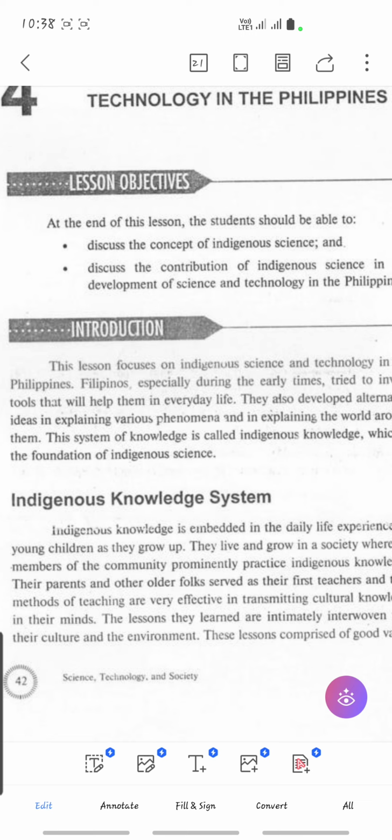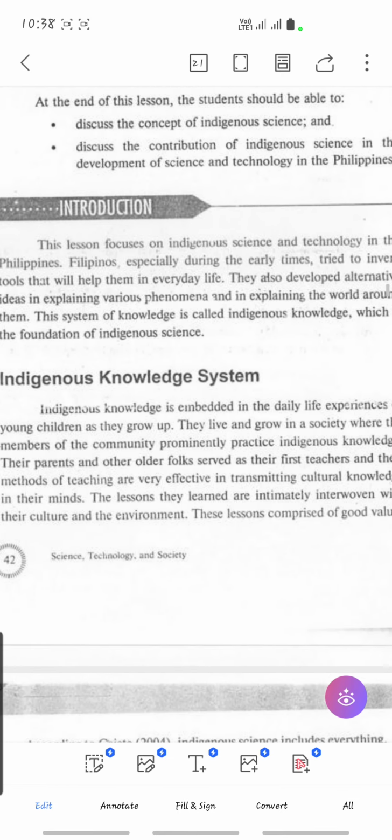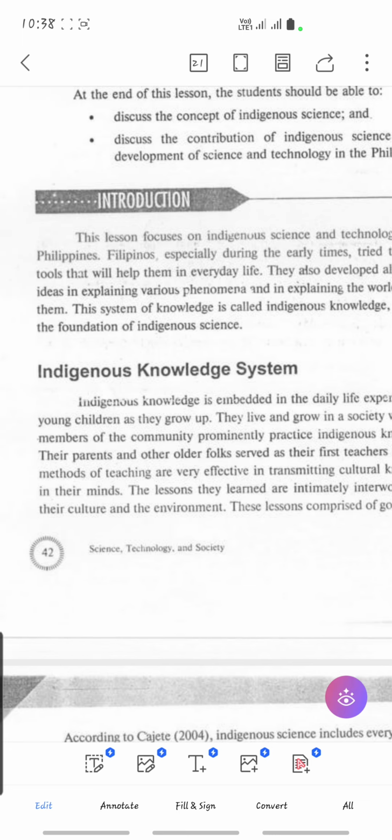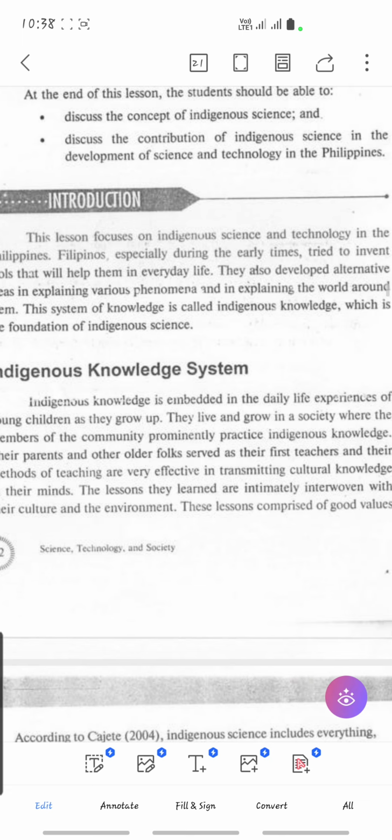And aside from that, according to the references, IKS is how you live and grow, where the members of the community prominently practice indigenous knowledge. Meaning, this is where you came from, the knowledge given by your ancestry, your family, your parents, the culture of your parents that you have already adopted.